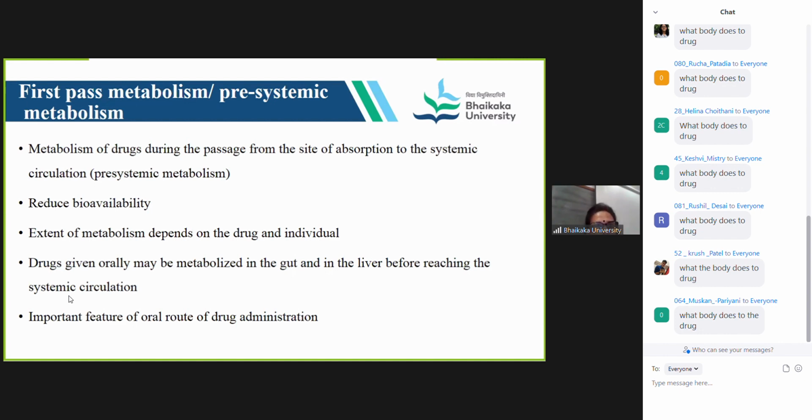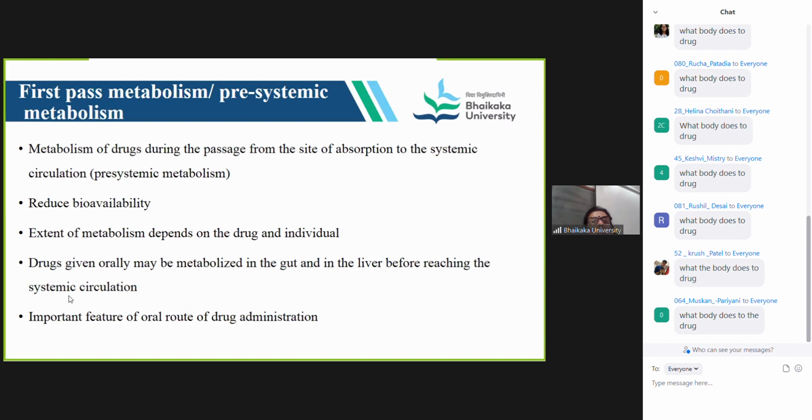Even orally, the drug may be metabolized in the gut and in the liver before reaching the systemic circulation. What is absorption? It is the drug going from the site where it is taken to reaching the systemic circulation. Now here, orally it may be metabolized in the gut and liver before it reaches the systemic circulation.